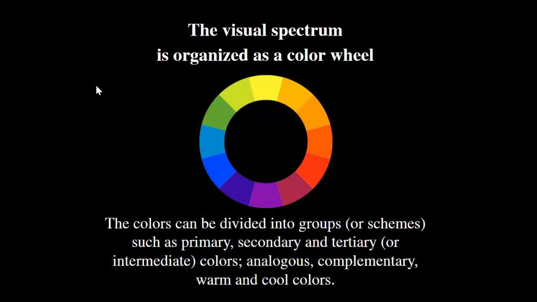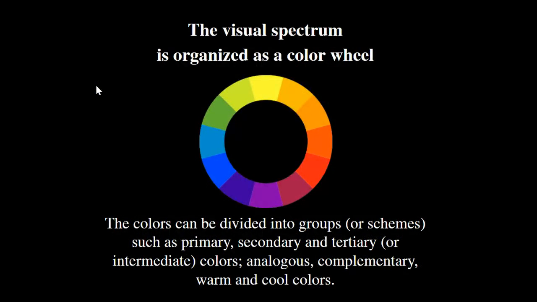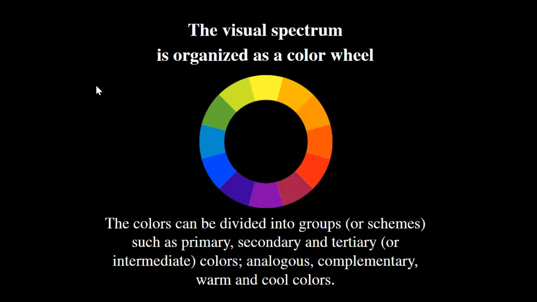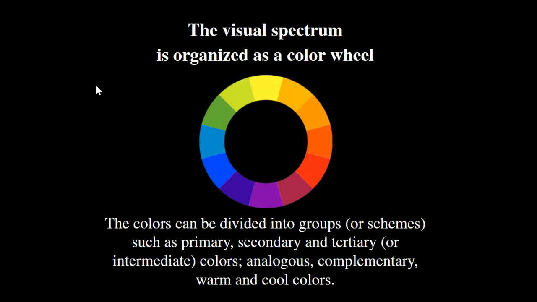Cool. So the color wheel is organized as a circle. It helps us visualize color schemes and figure out what colors look good together easier. They can be divided into groups or schemes such as primary, secondary, tertiary or intermediate colors, analogous and complementary, warm and cool colors. And we're going to go through all of that.